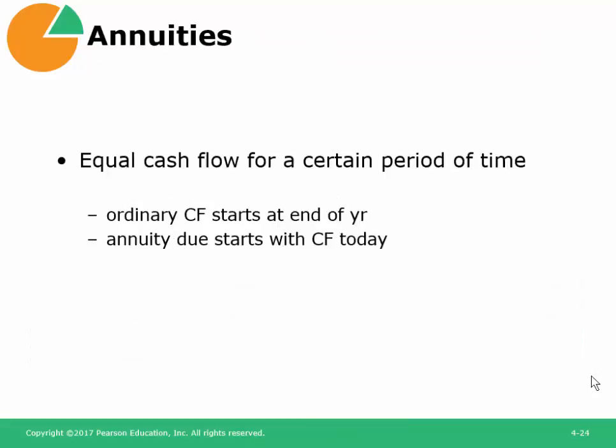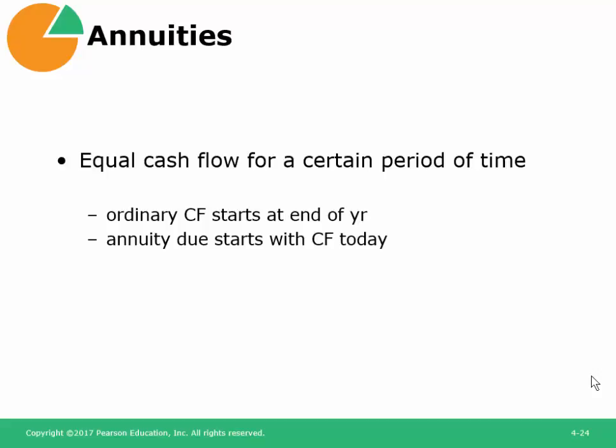What about payments? Equal cash flows for a certain period of time. Now there's two ways to think about these problems. You can start receiving cash at the end of a period, right? So that's what's referred to as an ordinary cash flow.